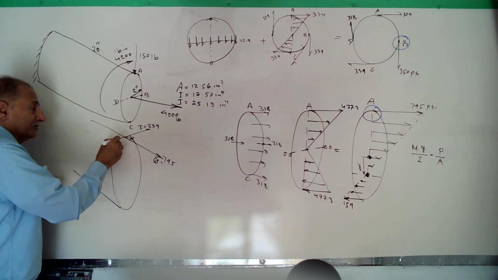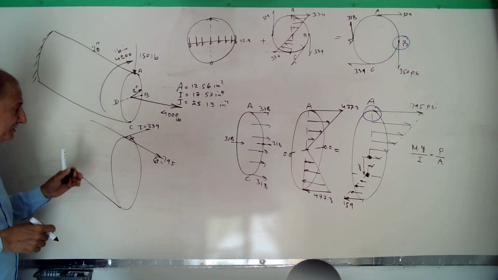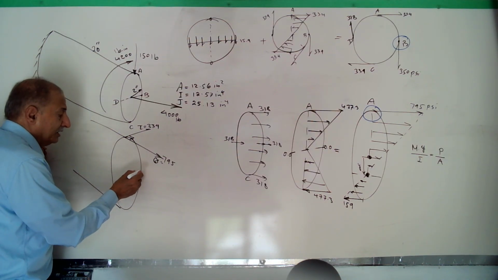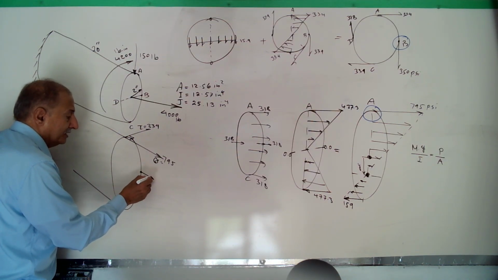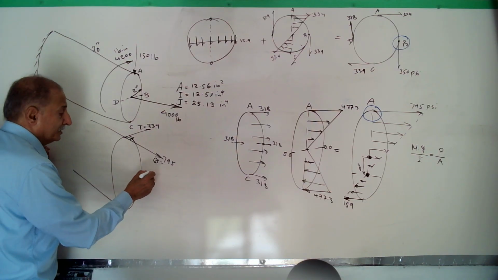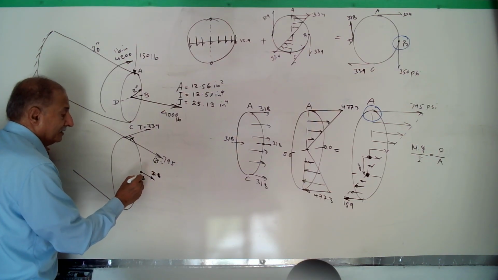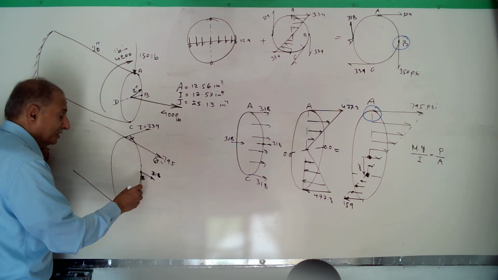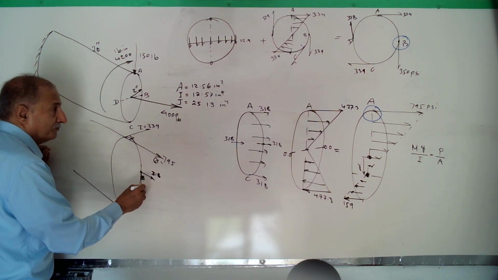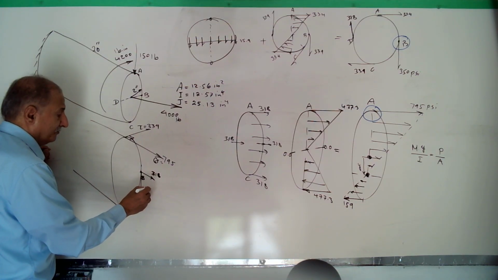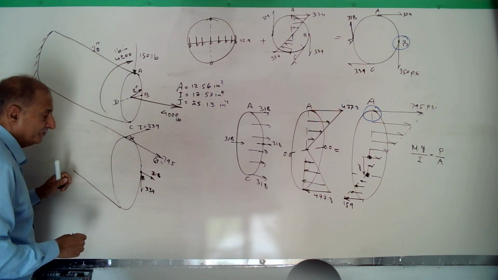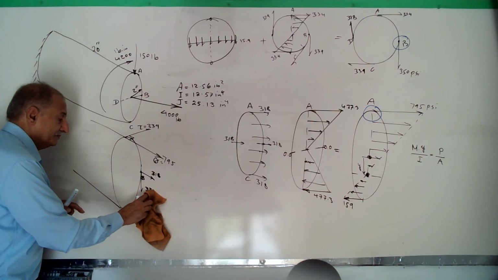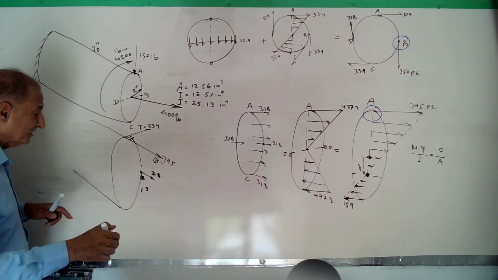They are normal to each other. This is tangent to the surface, and this is normal to the surface. At B, we have only normal 318, and torque 334. Torque is added together, 350, of shear stress added here.